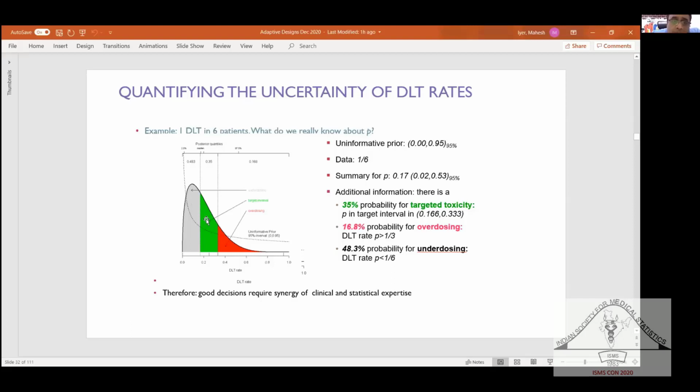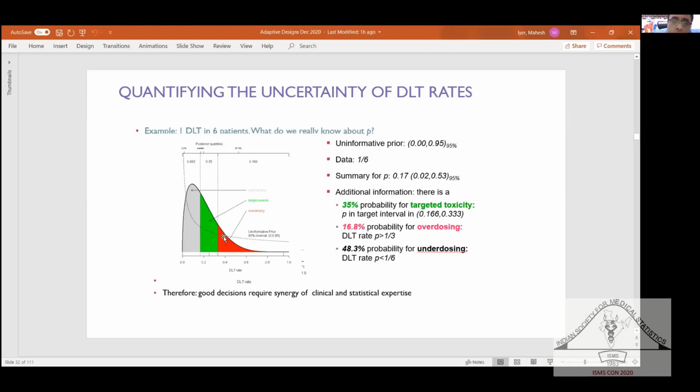The green area is my target toxicity, which is 16% to 33%, so I'm looking at 1 in 6 to 1 in 3 people having DLTs. For this target toxicity, the probability of being in this zone is 35%.